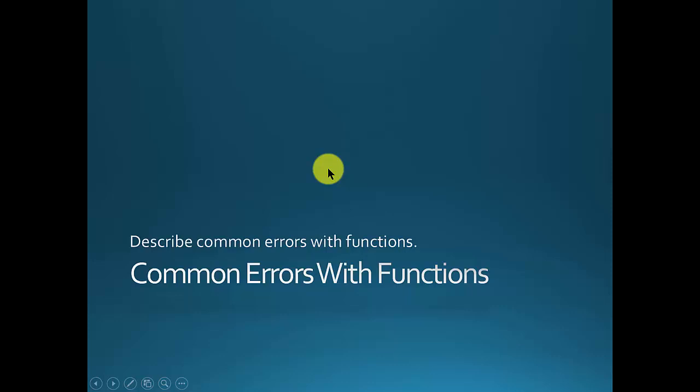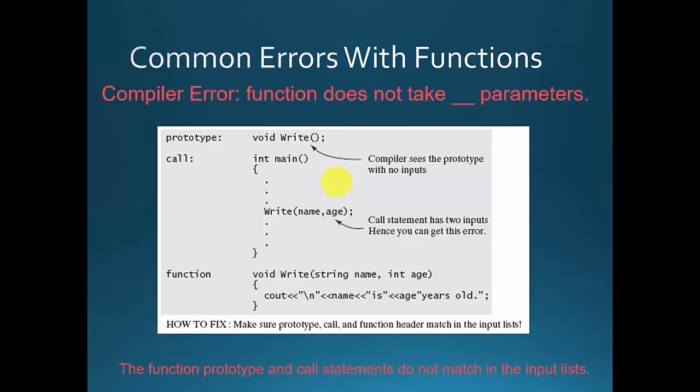So let's look at some common errors with functions. One common error is you get a function does not take underscore parameters. In this case, we have a write function where we're passing in two parameters.